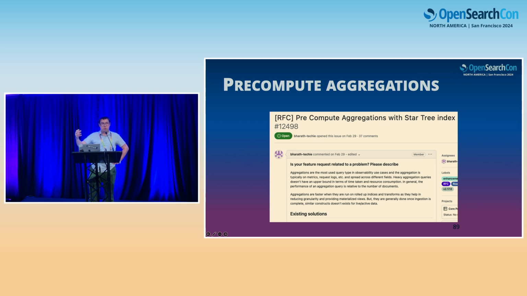They're sort of pre-computed data cubes where the idea is that if you know ahead of time, hey, I'm probably going to want to compute sub-aggregations like this, I'm going to want to aggregate across these particular dimensions, you specify that when you create your index, and then as you're ingesting stuff, it builds out this star tree that pre-computes this stuff for you, which is pretty nice. Because then at search time, you just go and look it up in the star tree. Great.